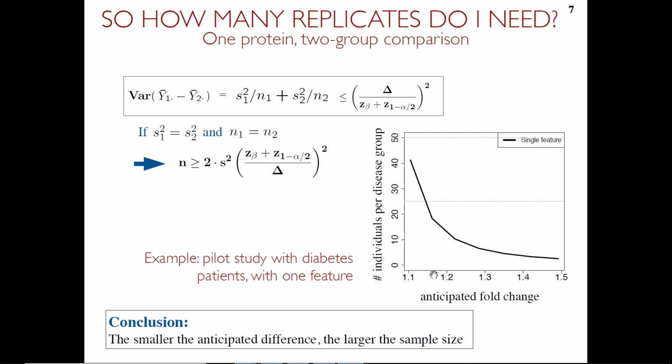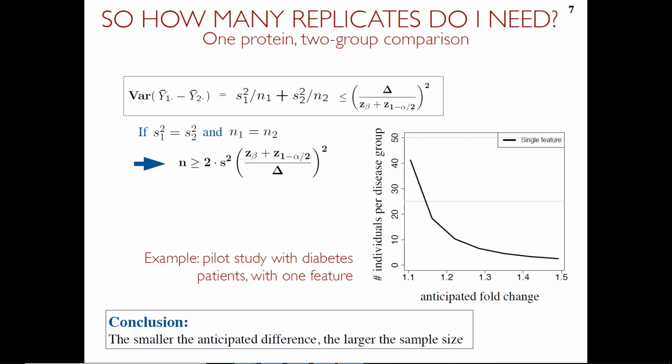Essentially, the smaller the fold change, the more individuals per group we need. Of course, it requires us to understand how much variance we have, which we learn from prior studies. This is where we have to be careful. Remember, we said yesterday that if our variance is estimated from a small number of replicates, we can underestimate it, and then it would be a problem.